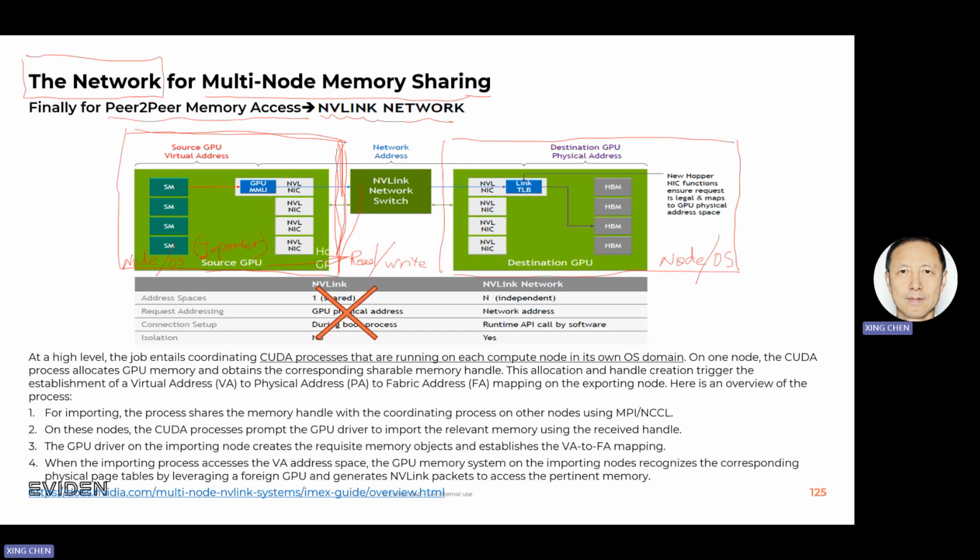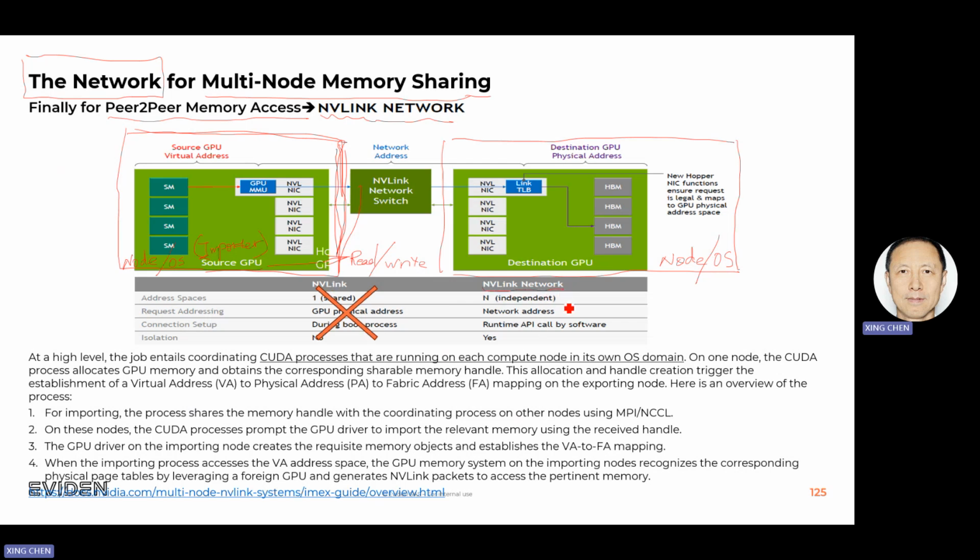We have two totally different nodes. Each node has its own physical address space, but the two nodes share the same fabric address space.